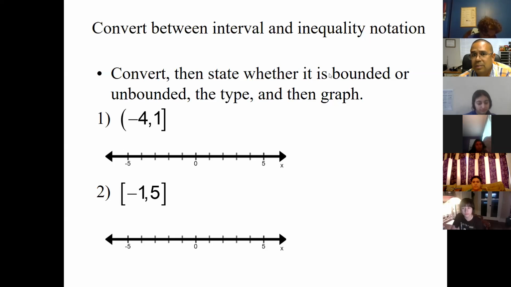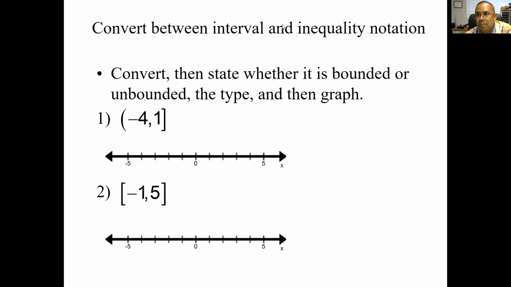What's the first one? It's open, -4. It's open, and it goes all the way to +1, and it's closed. Okay. But in general, this interval, let's start with, is it bounded or unbounded? Bounded. So if it's a bounded interval, it's either open, closed, or half open.